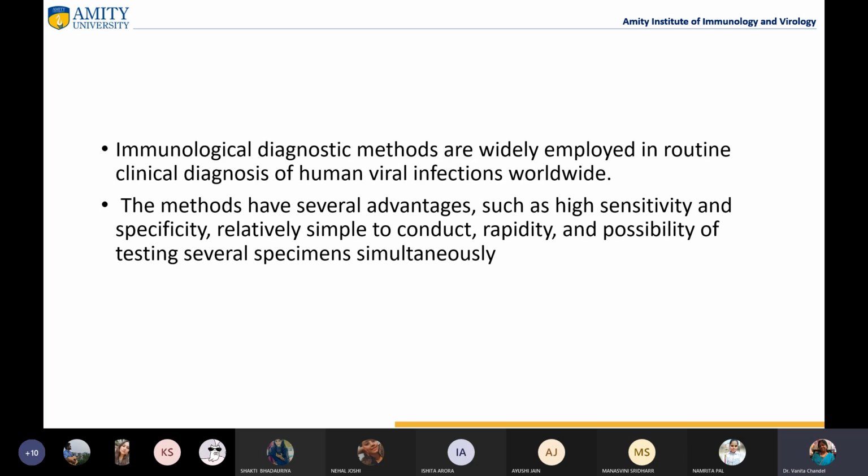So sensitivity means the ability of a particular diagnostic test to properly and correctly identify those with the disease. There should be a proper true positive rate, right? Whereas specificity is the ability of the test to correctly identify those without the disease, that is, the true negative rate is also proper and accurate.